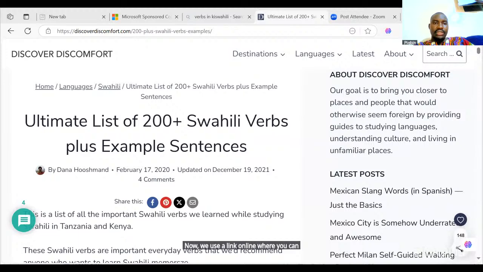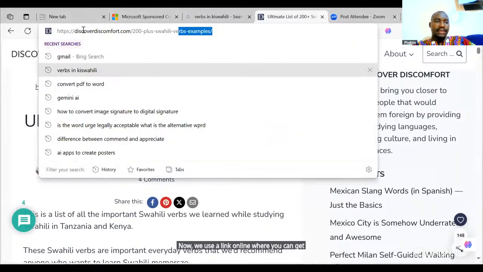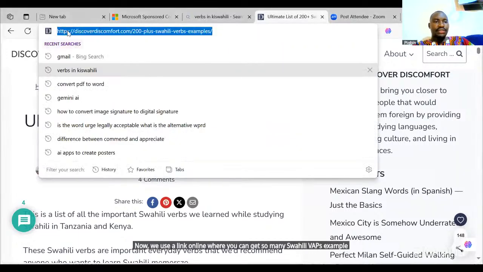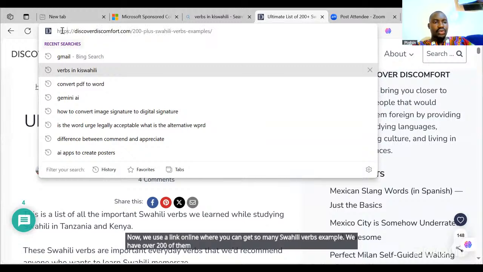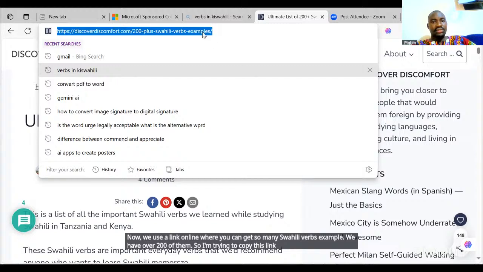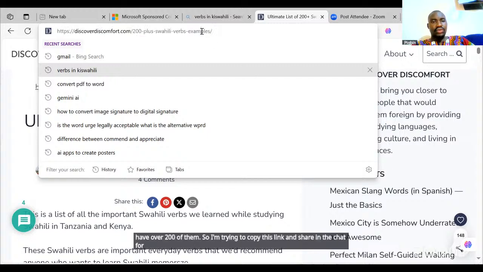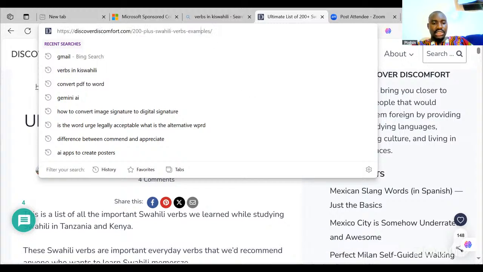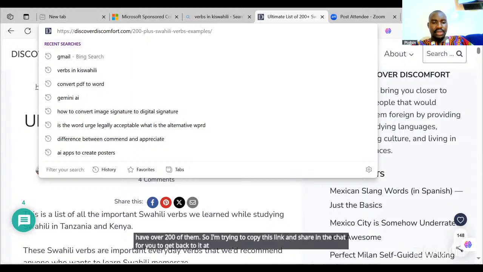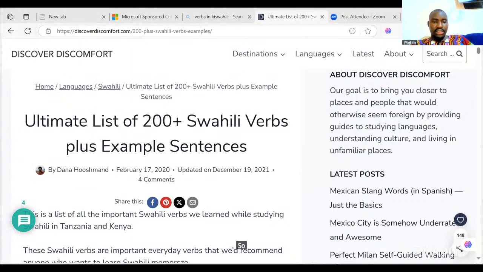This is a link online where you can get so many Swahili verb examples. I'm trying to copy this link and share it in the chat for you to get back to in your own time so that you can learn. I'll share the link once I'm done with it.